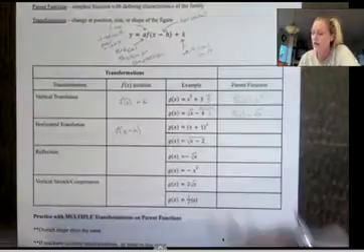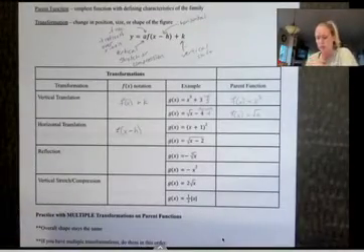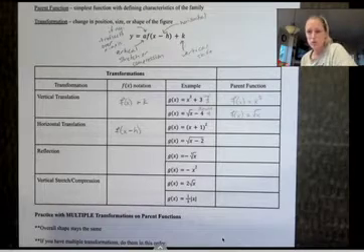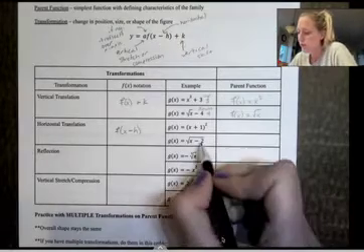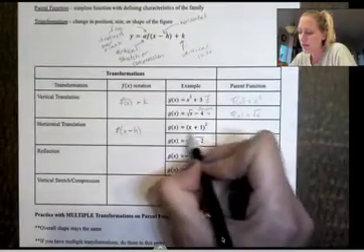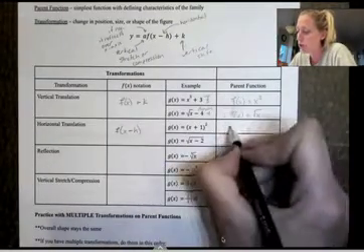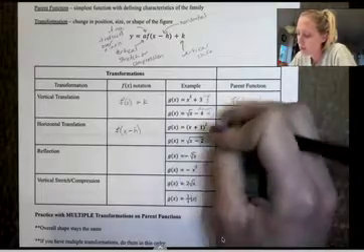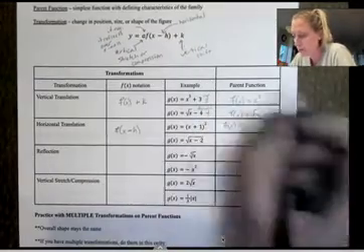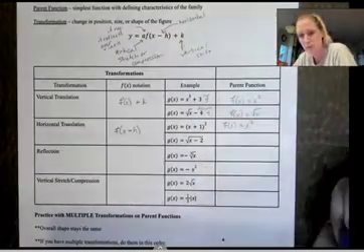Now, something that's unique about the horizontal translation is when it's in the grouping symbol with x, it always goes opposite of what you think. So for this example, my grouping symbol is the parentheses, and it's being squared. I'll write it as f of x again. The more simple version would be without the plus 1, so x squared is the parent function.